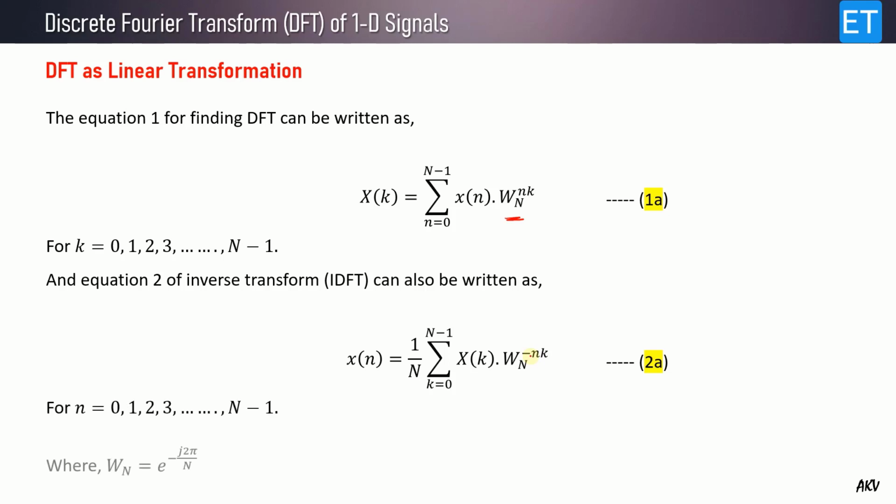What is W_N? W_N is e power minus j 2 pi by N. So, W_N^nk means e power minus j 2 pi upon N, power nk, that is e power minus j 2 pi nk upon N. That is the same as used in the previous equation. It is just another way of representation.